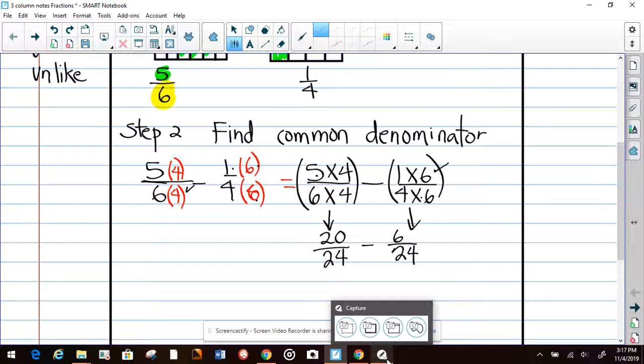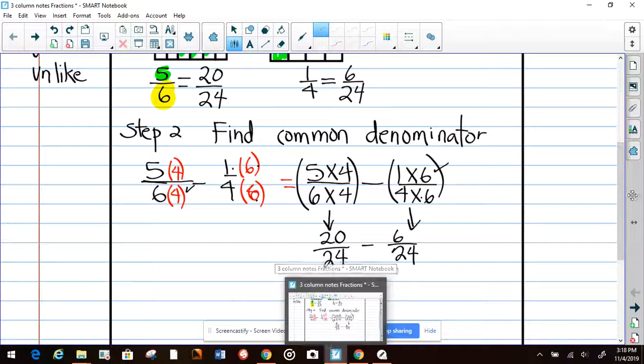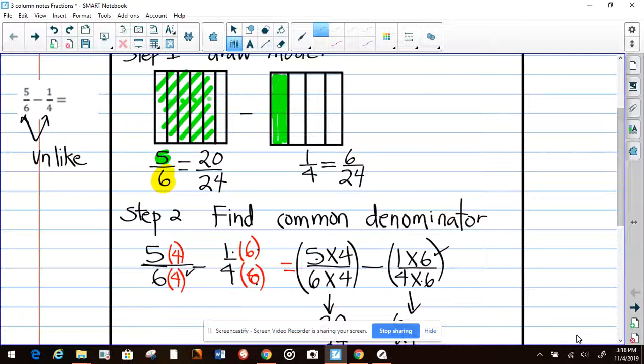Now we can tell that 20/24 is a fraction that has the same value as 5/6. And now we're going to find the other equivalent fraction. 1/4 has the same value as 6/24. So now we found it, my friends. This is it. So let's show what happens next.